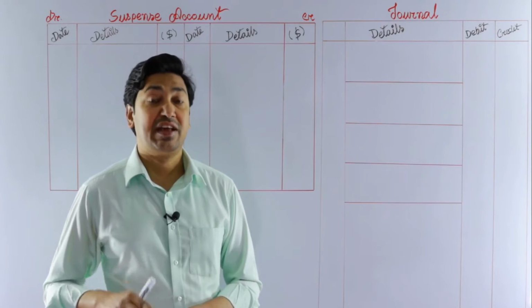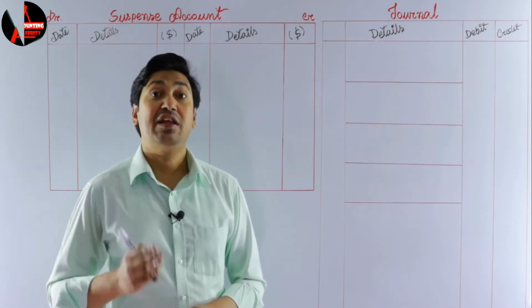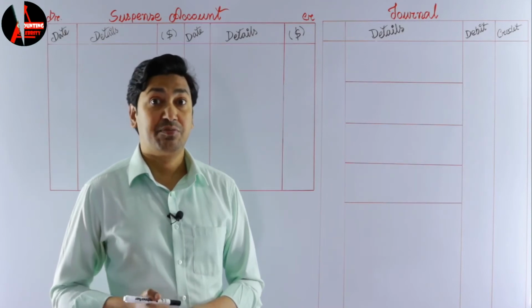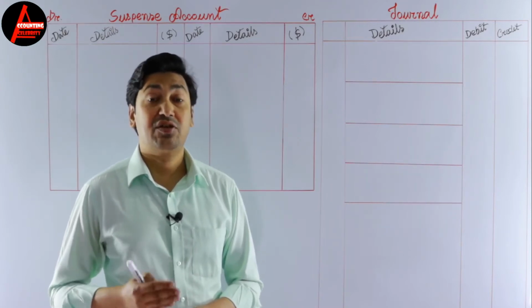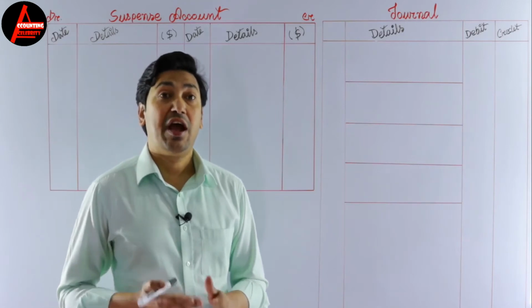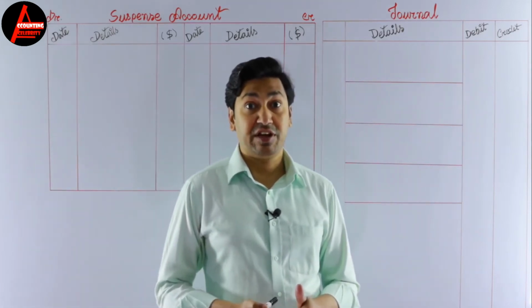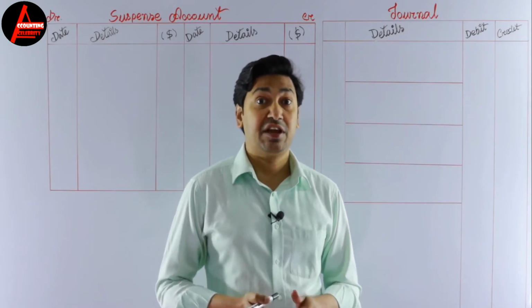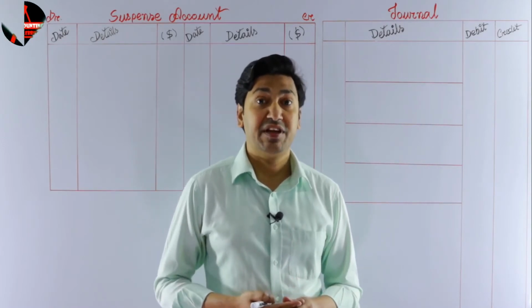Motor vehicle is an asset, so it was increased. Now we have to decrease the motor vehicle, which means the asset will be credited. And motor expenses was not recorded, so we have to record the motor expense. That means expense will be increased, and increasing expense means it will be debited.